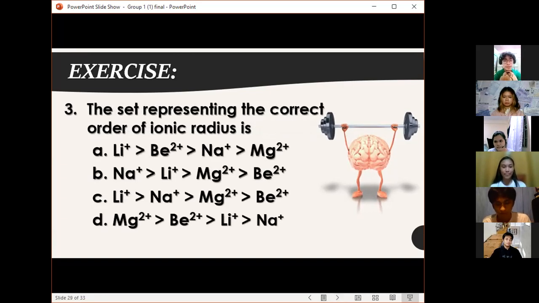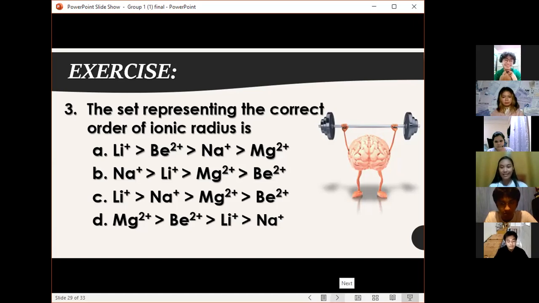The set representing the correct order of ionic radius is... If you have your periodic table with you, please take a look for better understanding.